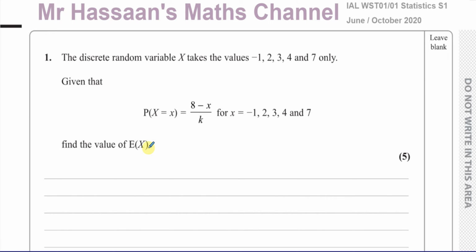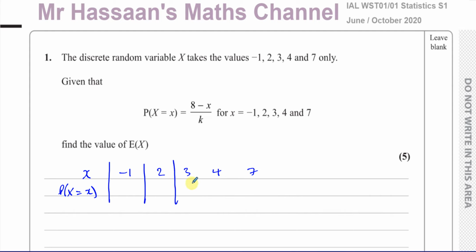What I'm going to do is take this probability distribution function and make it into a table. I'll have x, and the probability of the random variable being x. When x is equal to, it can either be -1, or 2, or 3, or 4, or 7.